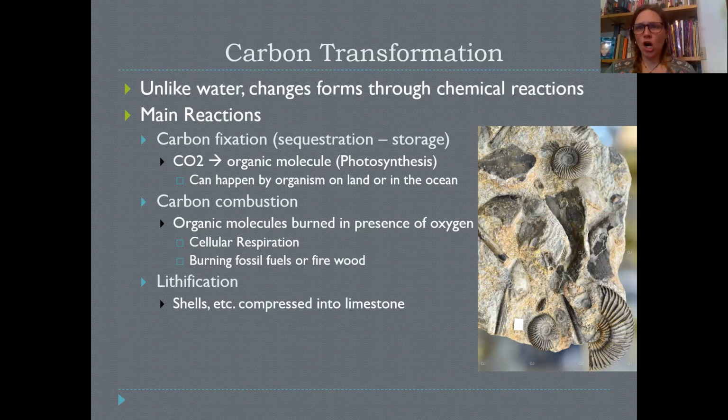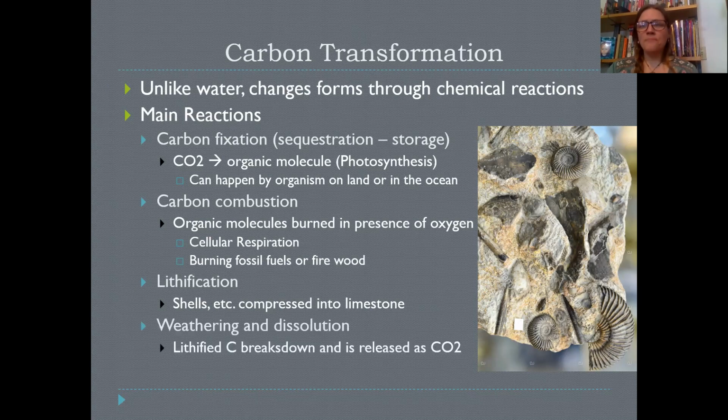And so they take carbon from their bodies and then they turn it into this inorganic form, calcium carbonate, that might exist on the landscape for a really long period of time and then maybe ground up or lithified, kind of cemented together to form limestone, primarily, or other forms of rocks, and that might be trapped. The carbon then will be trapped in that form for many millions of years potentially. So fixation, combustion, and lithification are three main carbon processes.